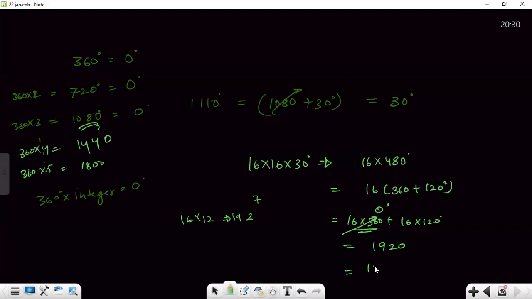So 1920 degrees can be represented as 1800 plus 120 degrees. This is an integral multiple of 360, so it becomes 0. So actually that angle comes out to be sine of 120 degrees.